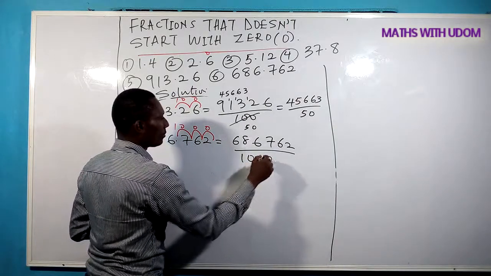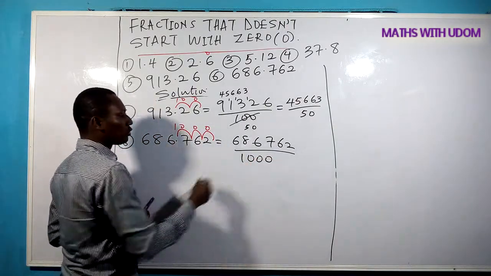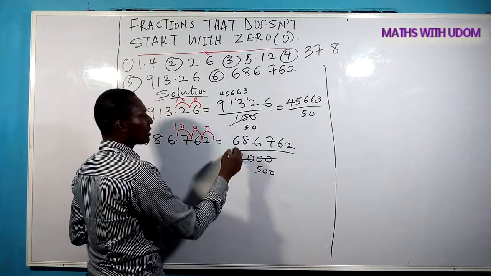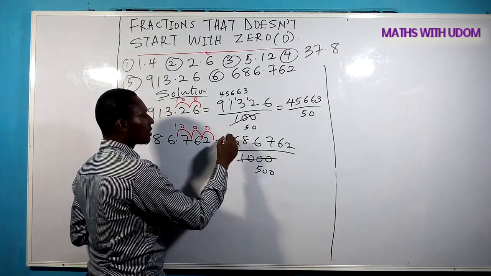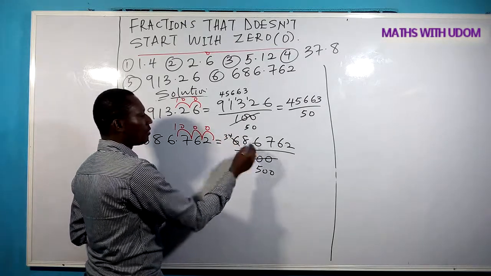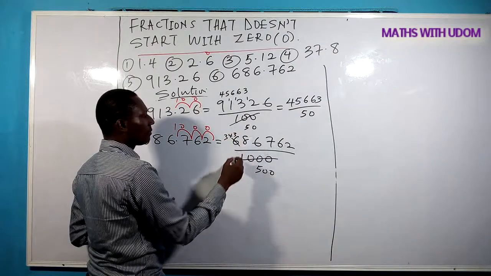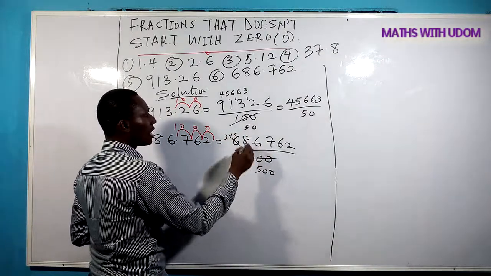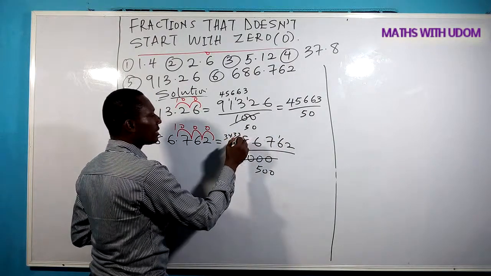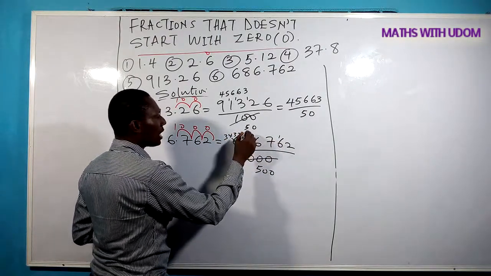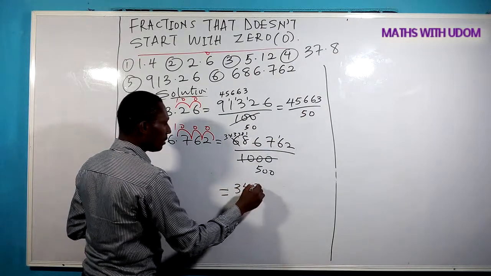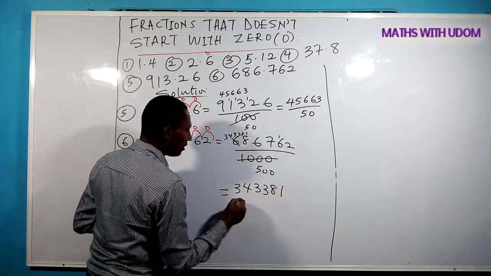What can go through? 2 can go through. 2 here, 500. 2 in 6 is 3. 2 in 8, we have 4. 2 in 6, we have 3. 2 in 7, we have 3, remainder 1. And 2 in 16, we have 8. And 2 in 2, we have 1. So our answer here will be 343381 divided by 500.